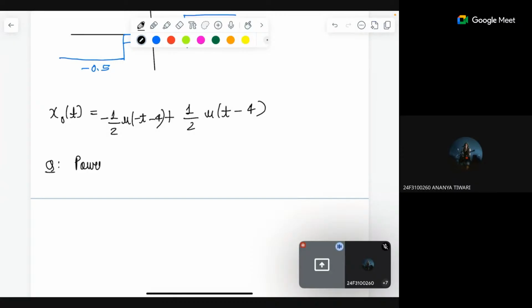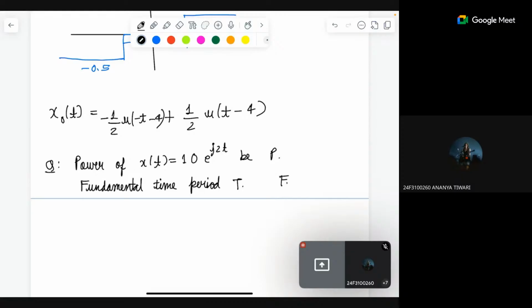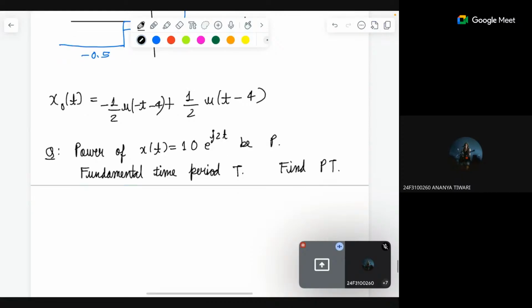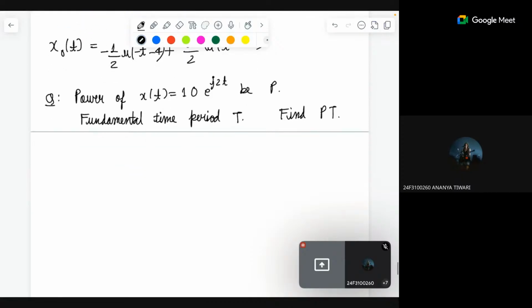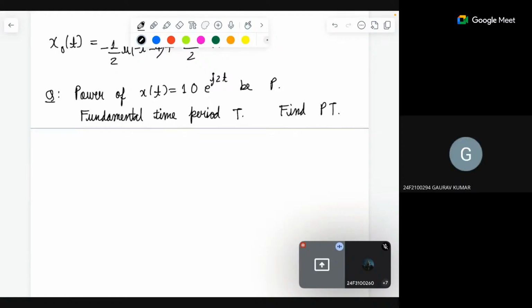Let the power of signal x(t) equal to 10 e raised to the power of j2t be P. The power of this signal is P. The fundamental time period of x(t) is T. You have to tell me the product P into T. Is the question clear? Okay, so I will give you 3 minutes. Do it.